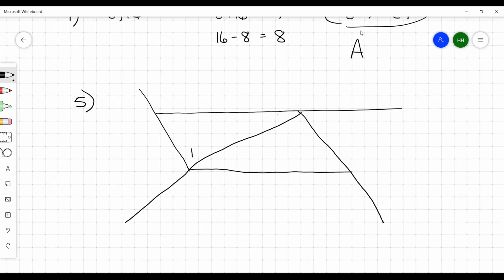All right, here's angle 1. As angle 1 increases, how does the relationship change between the back of the chair and the front leg of the chair? All right, here's the back of the chair, right here. Here's the front leg of the chair.